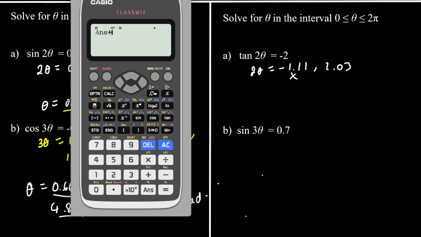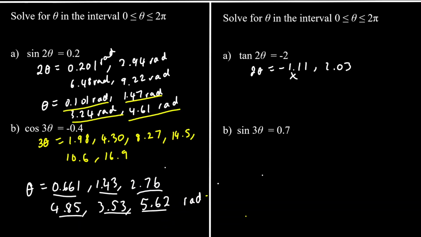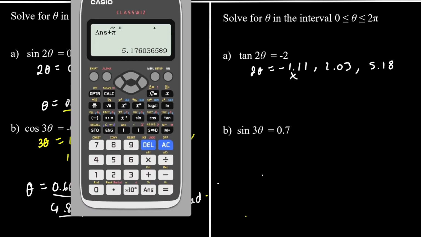Then plus a pi onto that, 5.18. And store that as B, plus a pi onto that, 8.32.